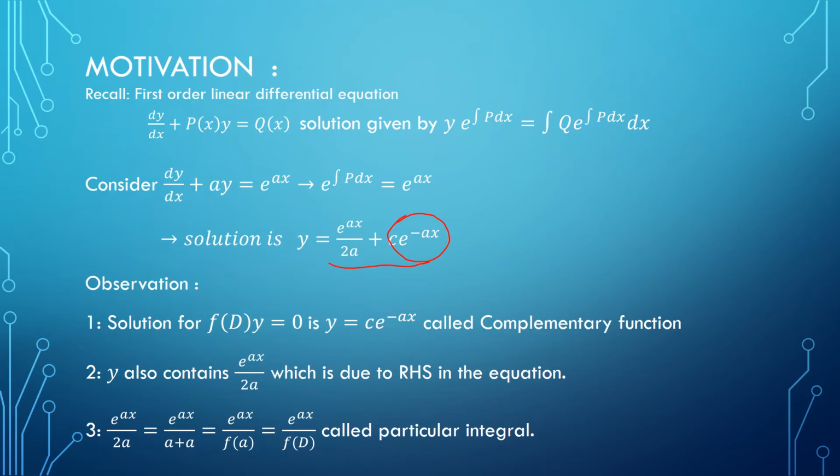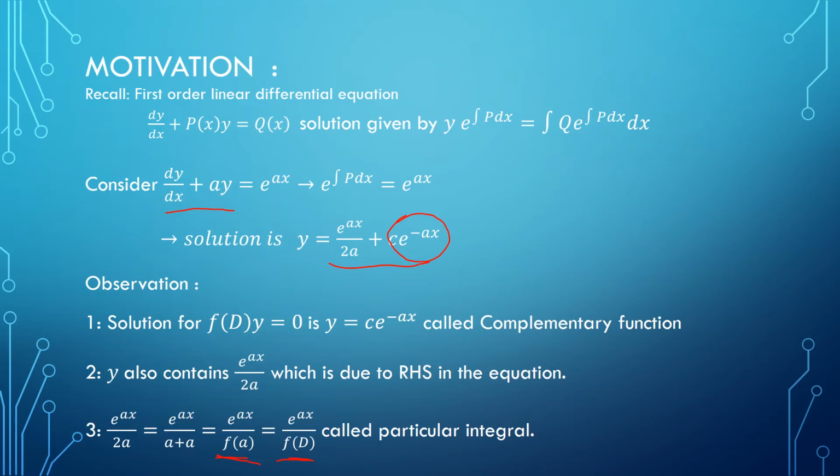If I try to relate this to my polynomial f of D, e to the power ax by 2a can be written as e to the power ax upon a plus a, which turns out to be f of a. I explained in the earlier video that f of D is the polynomial representing my differential equation.